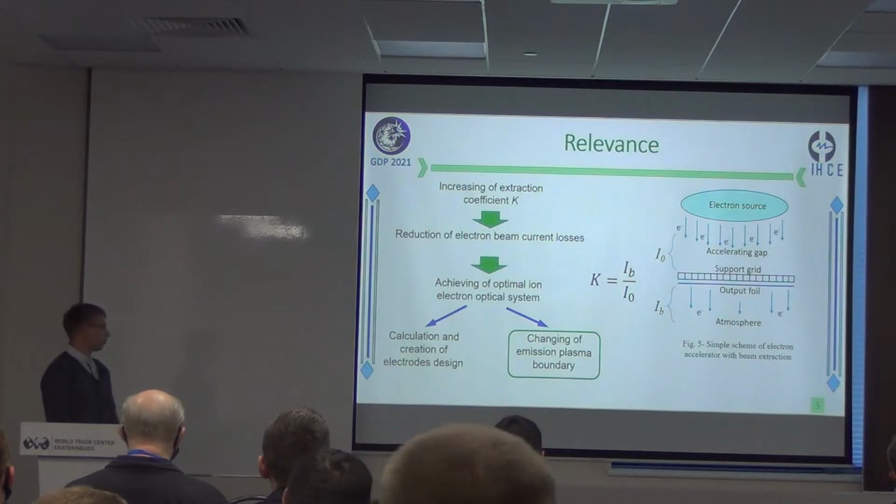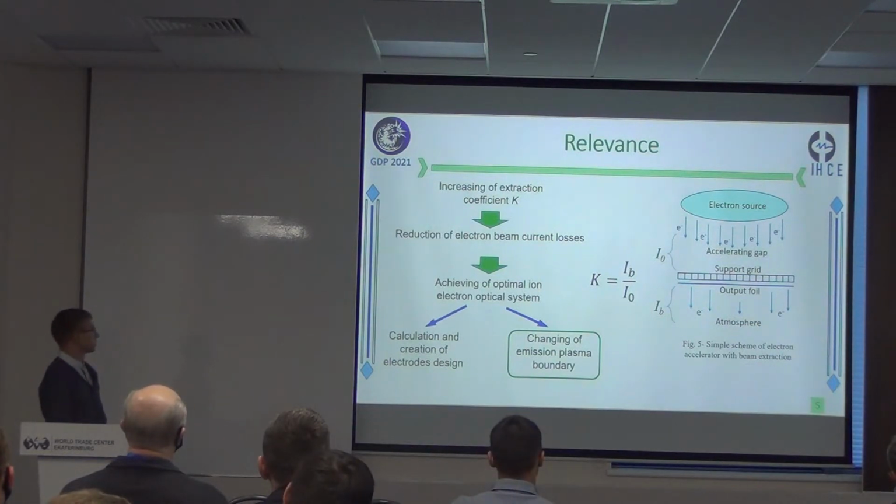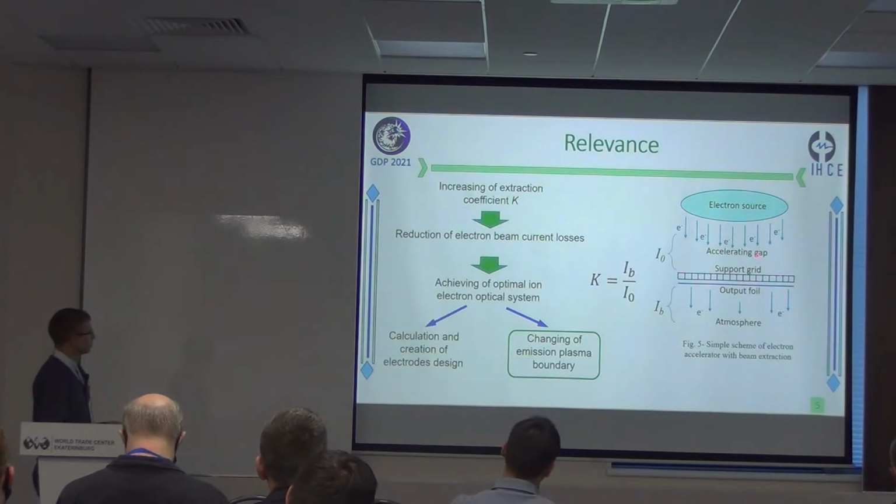One of the tasks of all accelerators with large cross-section electron beams is increasing the extraction coefficient. This coefficient is usually defined as the ratio of beam current in the atmosphere to current in the accelerating gap.